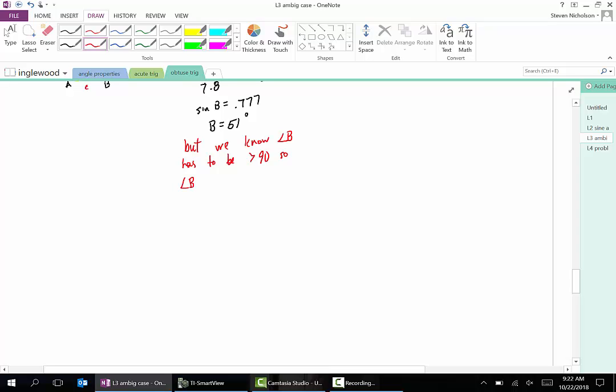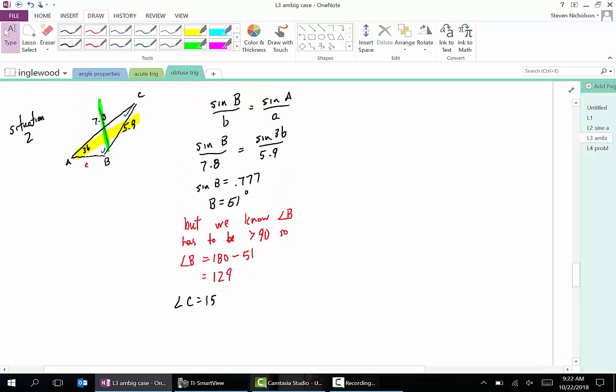So angle B has to equal 180 minus 51, which equals 129. And if angle B equals 129 and the other angle A is 36, then angle C has to equal 15 degrees. And this is the one we want. So we're going to use that information now and figure out little c.